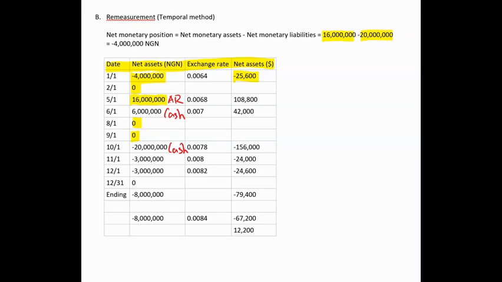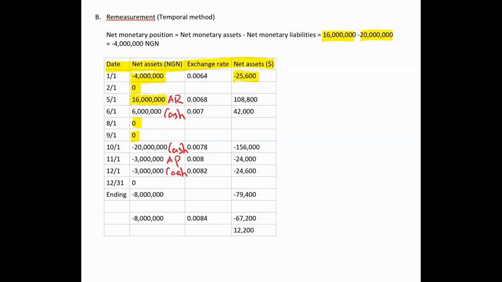November 1st, they bought land for 3 million on account. The journal entry is to debit land and credit accounts payable. This changes our net monetary position by negative 3 million, the accounts payable, because land is not considered part of the net monetary position. That equals $24,000. December 1st, declared and paid a dividend of 3 million. The journal entry is debit dividend, credit cash, so that's a decrease of the net monetary position by 3 million.